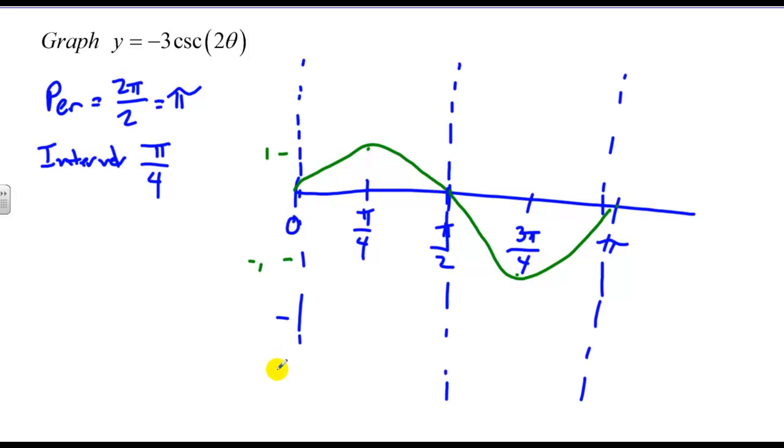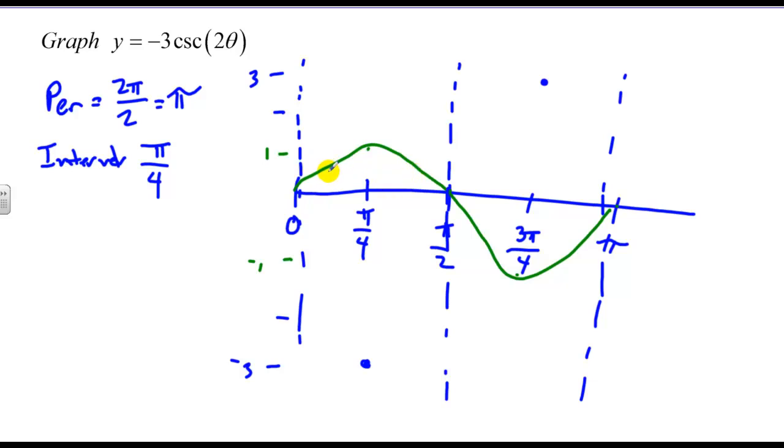So here's 2, 3, and I'm going to put that value down here. The reciprocal of negative 1 is negative 1, but I'm multiplying that by a negative 3. So that puts me up at 3. Now, in this case, there is a half somewhere in here and a half somewhere in here.